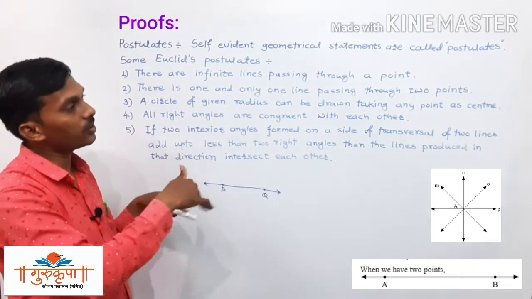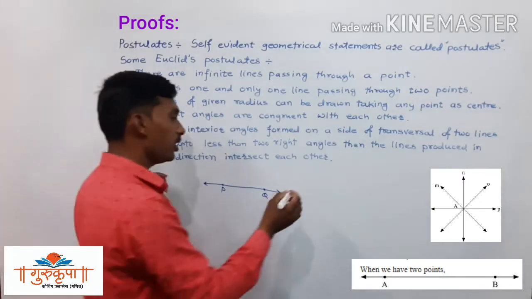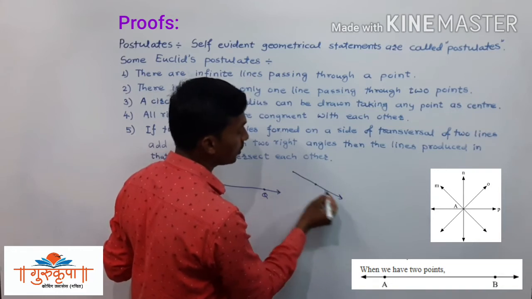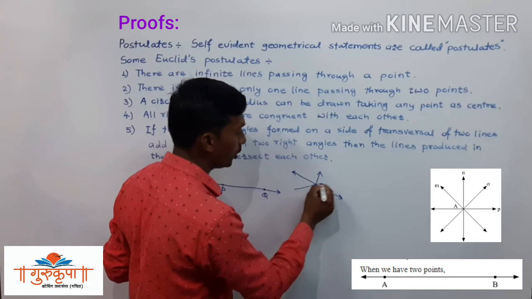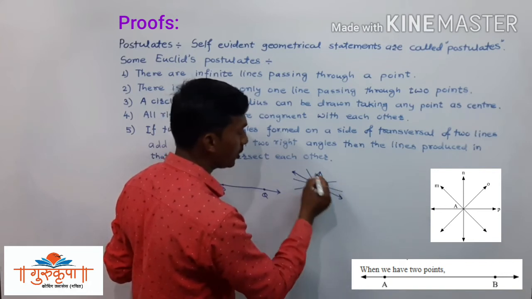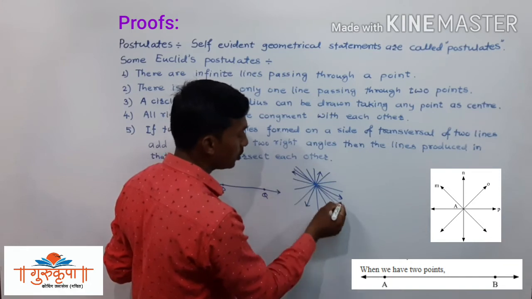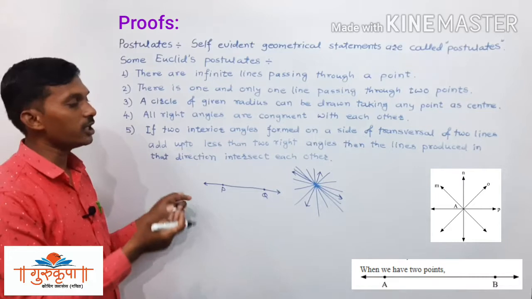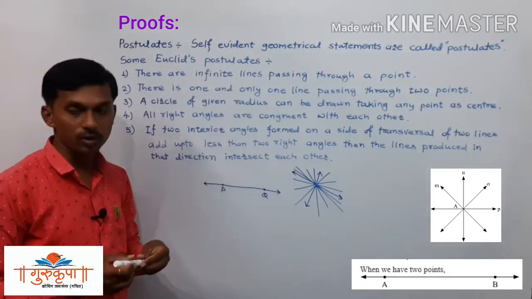We cannot draw infinite lines, but through a single point we can draw infinite lines. We cannot count the number of lines passing through a point, since there are infinite lines passing through a point.